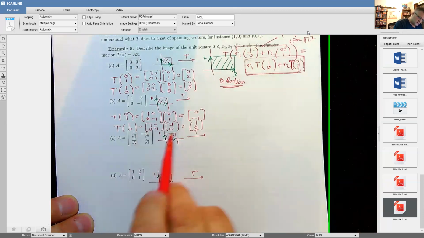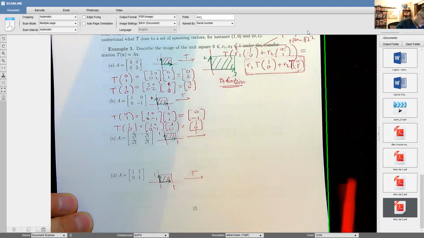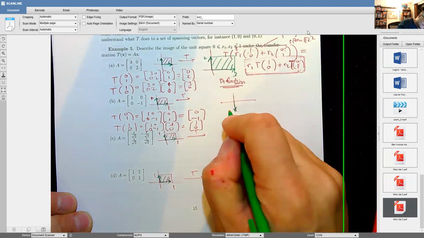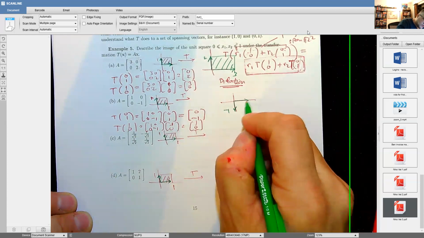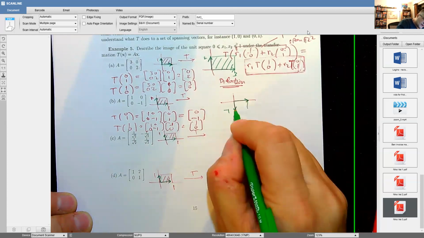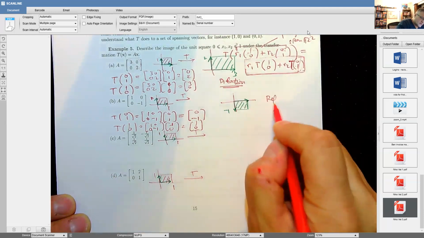And so we observed that T of (0, 1), this guy, goes to (0, -1), right? So it's now down here. And T of (1, 0) remains (1, 0), right? And so what you're getting this time around is a reflection of the square over the x-axis.